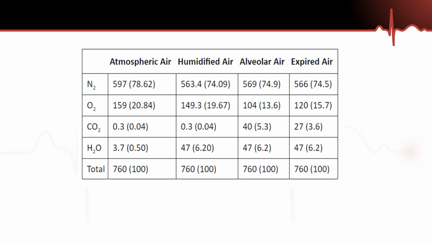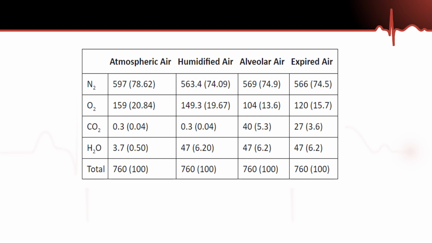And what that really means, yet again, is that a lot of that water vapor that naturally exists in the respiratory tract, water in the form of a gas, actually moves into the air that's coming in from the atmosphere, right? As the air from the atmosphere moves into the lungs, the water vapor that's already in the lungs moves into that atmospheric air that's coming into the lungs.